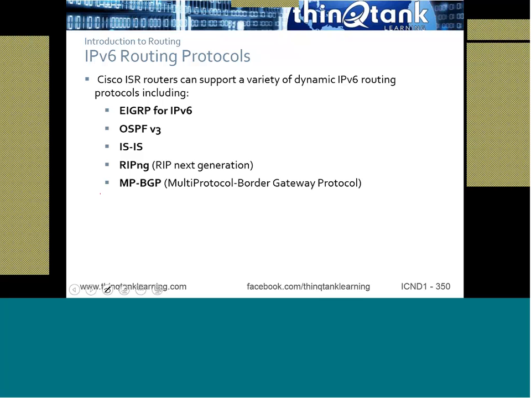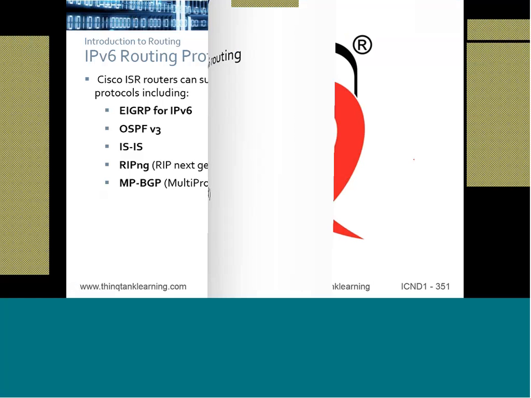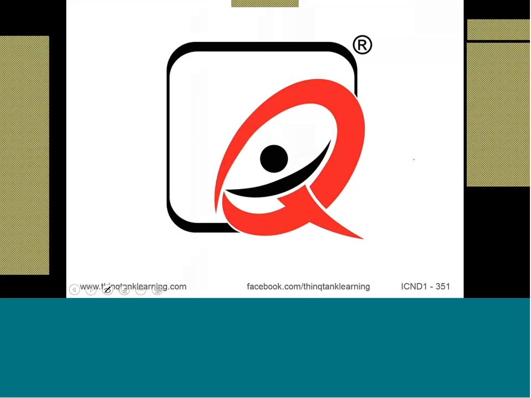Okay? And then we have multiprotocol BGP, which is basically BGP for address families and IPv6 and IPv4 and everything else. Okay? So that concludes our introduction to routing protocols. Of course, now we're going to start to do our deep dives into each of these protocols. But we'll go ahead and take our break this morning.